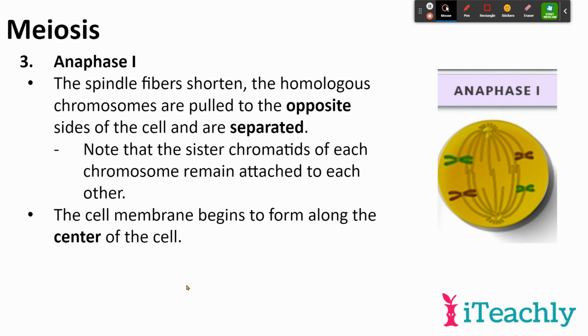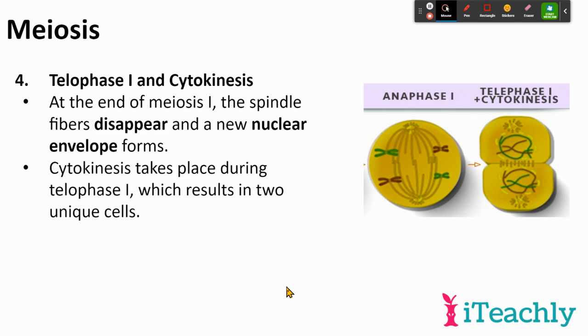Okay, so then anaphase 1 is when the spindle fibers shorten and the homologous chromosomes are pulled to opposite sides of the cell and separated. But the sister chromatids do remain attached. So the cell membrane begins to form along the center of the cell, right? So that's right here. And right, so this one came from the mom and this one came from the dad, right? So this one's going to have different looking gametes.